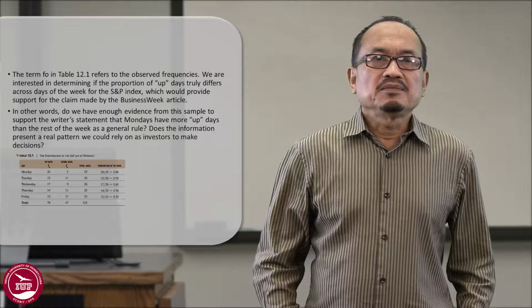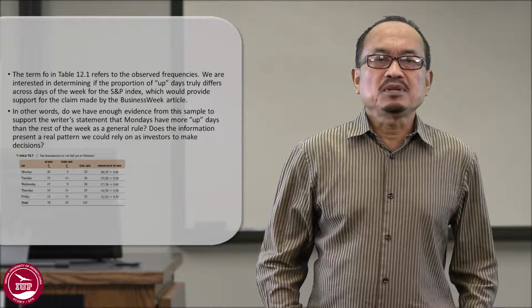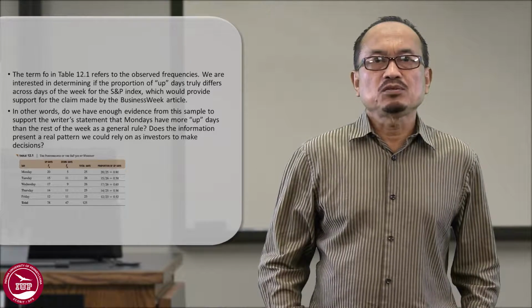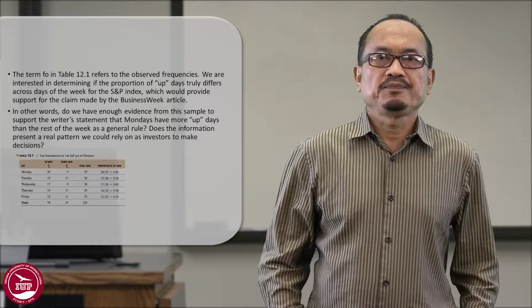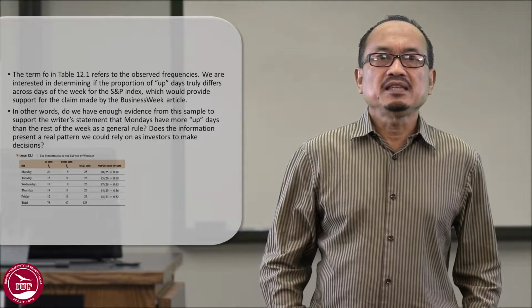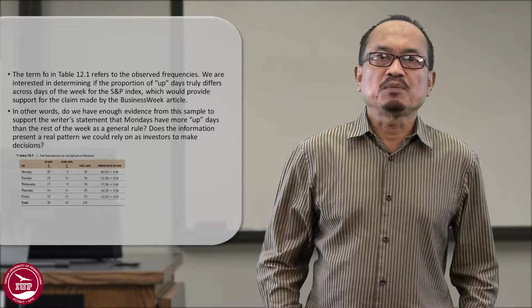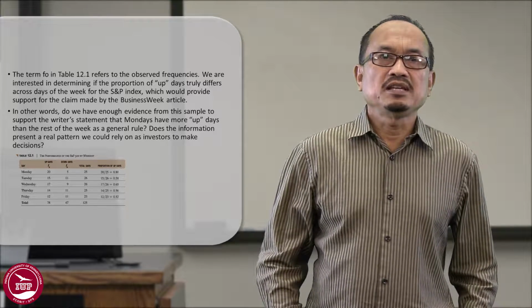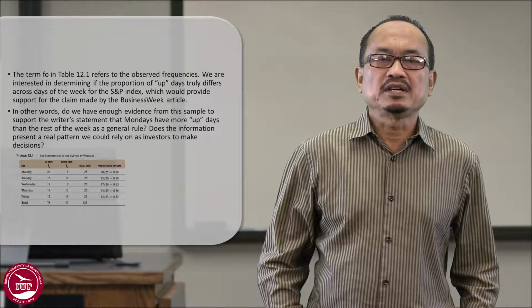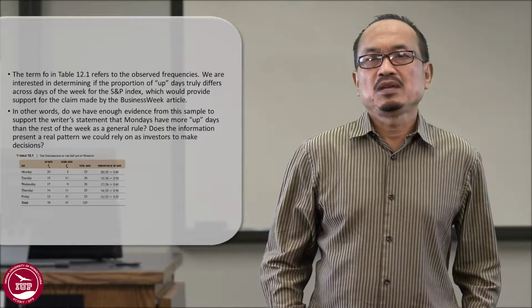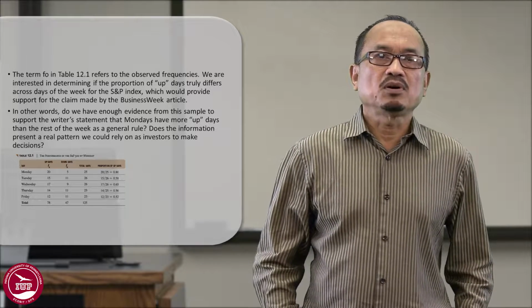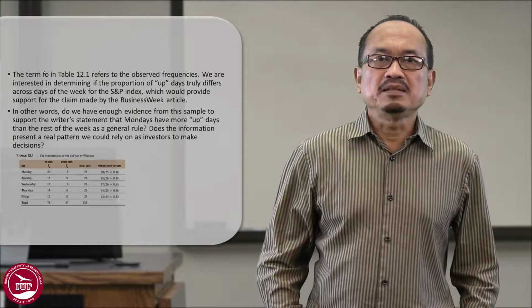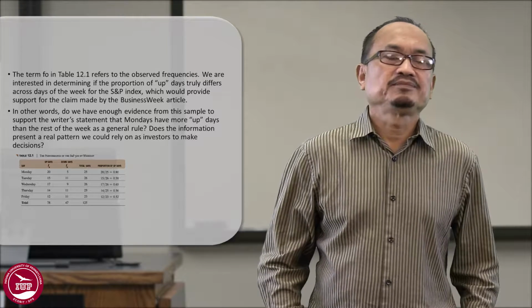The term FO in chapter 12.1 refers to the observed frequencies. We are interested in determining if the proportion of up days is truly different across days of the week for the S&P index, which would provide support for the claim made by the Business Week article.